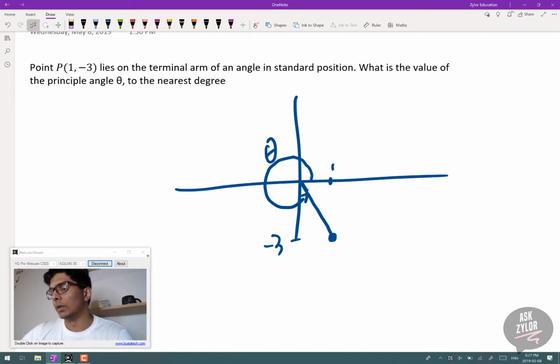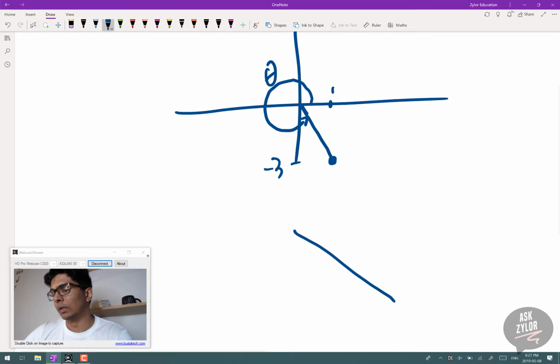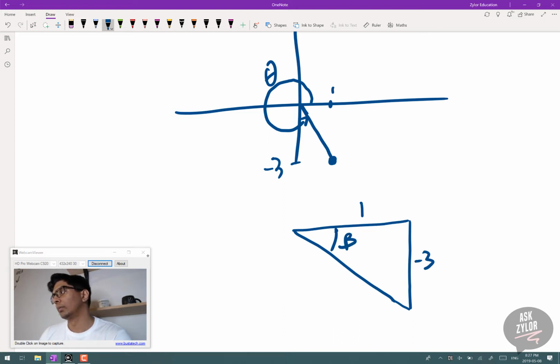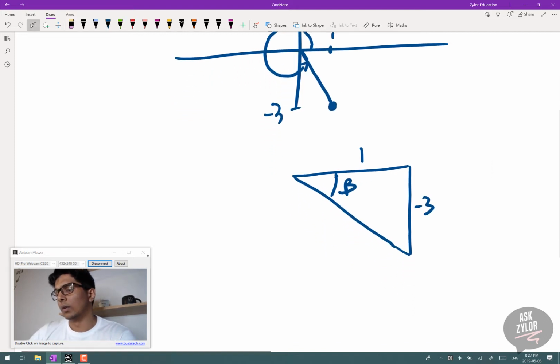So let's draw a triangle using the terminal arm. We know this is going to be 3, it's going to be negative 3, and this is going to be 1. This will be my related acute angle. So if I were to find tan of the related acute angle, let's just keep this as 3.